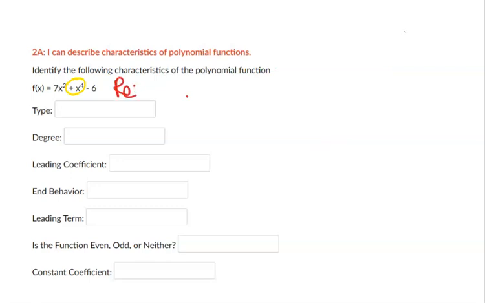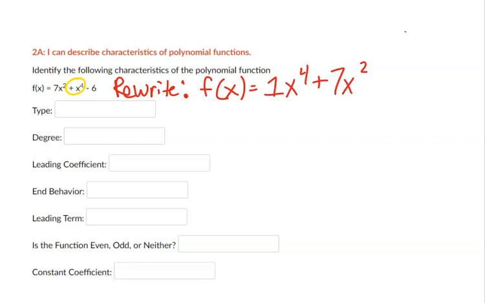So we're going to say rewrite in standard form. So that's going to be f of x equals 1x to the 4th power plus 7x squared minus 6. And remember, that really has x to the 0 power there. So we're done with this. We don't have to look at that right now.